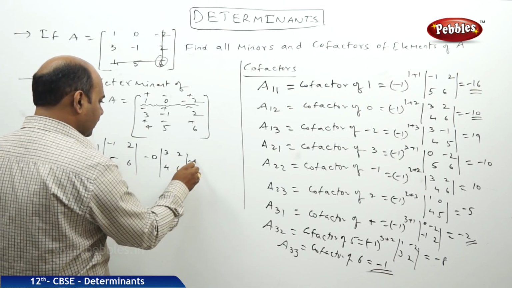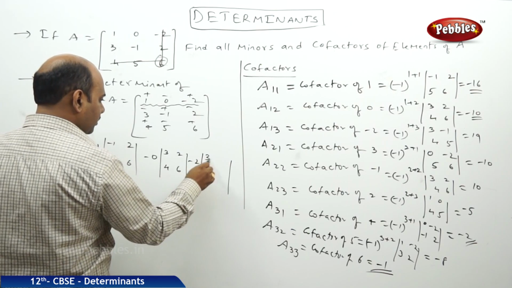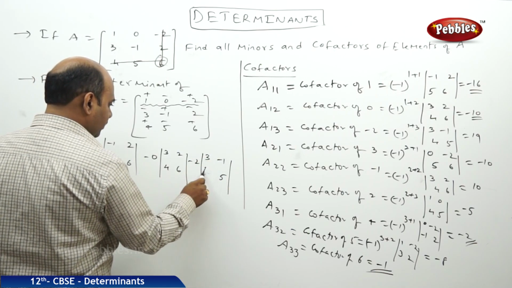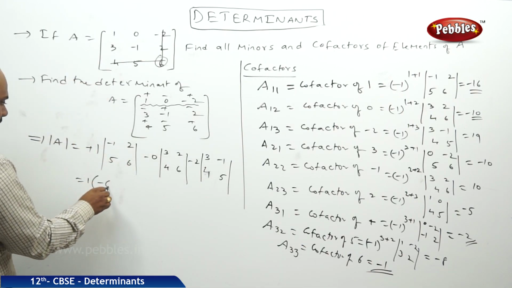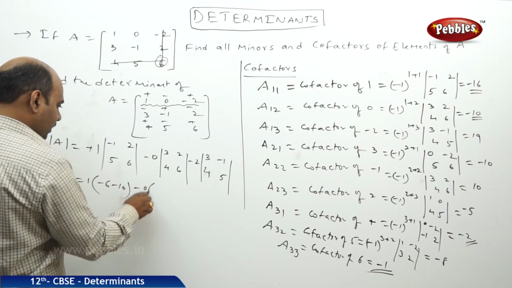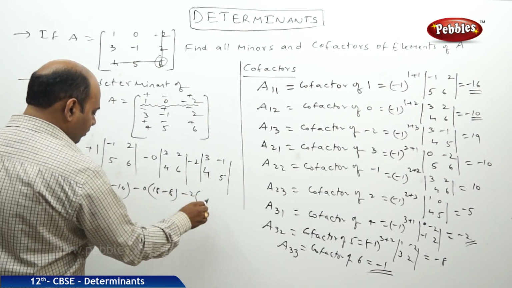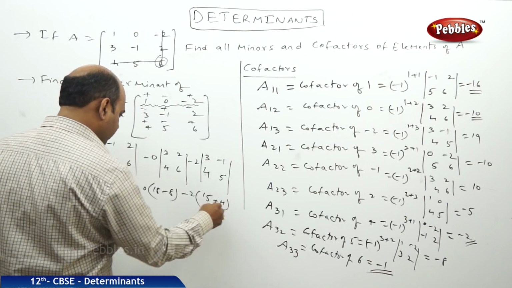Later again here minus 2 into its minor: 3, minus 1, 4, 5. So what happens? 1 into minus 6 minus 10. Minus 0 into 18 minus 8. Minus 2 into 15 plus 4.